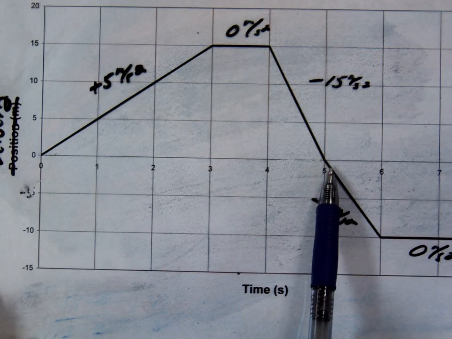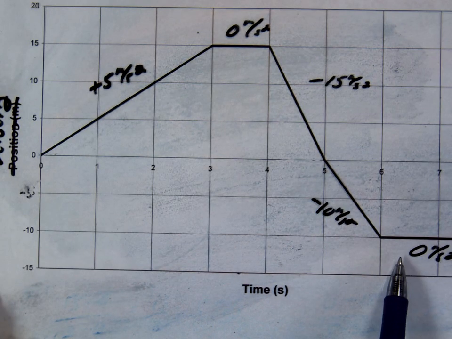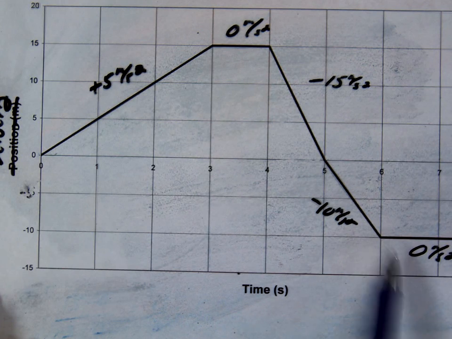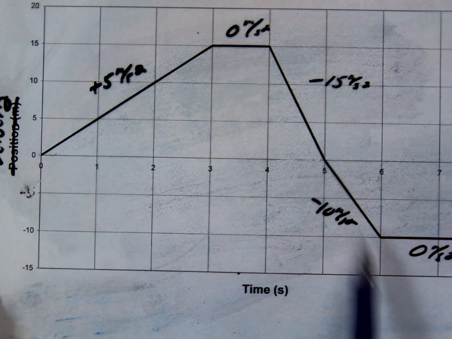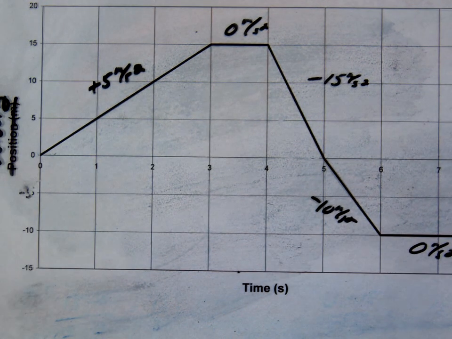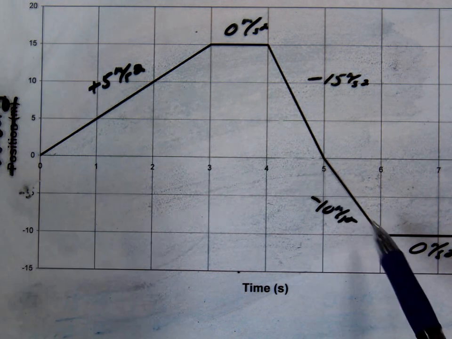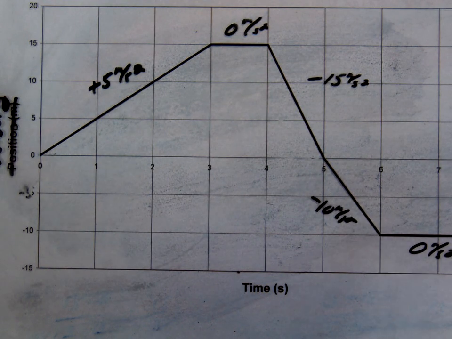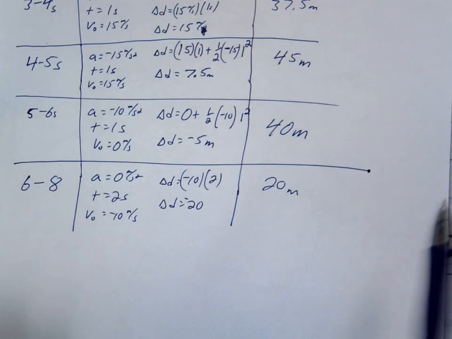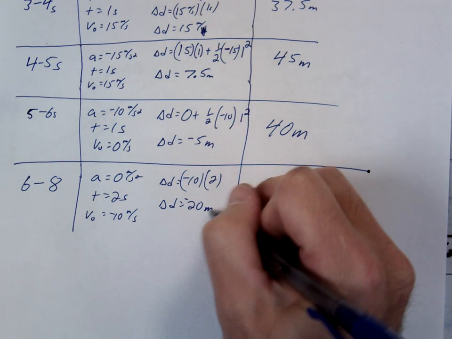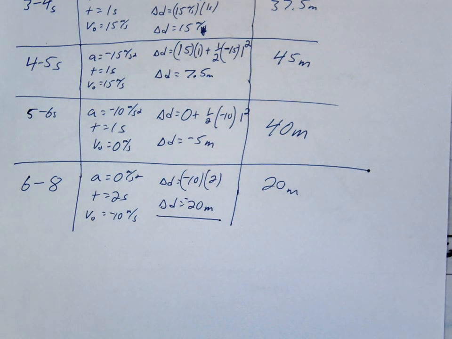Well, what's going on between 5 and 6? We're going backwards, right? Speeding up backwards. So that's why we have a negative displacement, because we kind of reached our maximum. We stopped, and now we're going in reverse. So our position should be decreasing. We should have negative displacement. Same thing with 6 to 8. You should have a negative displacement, negative 20 meters, 6 to 8.